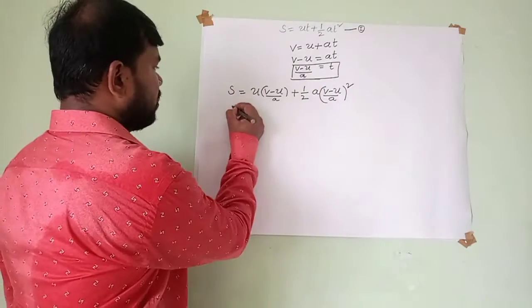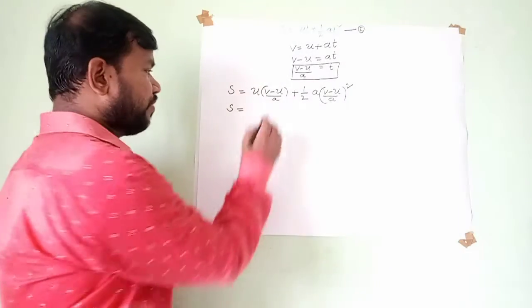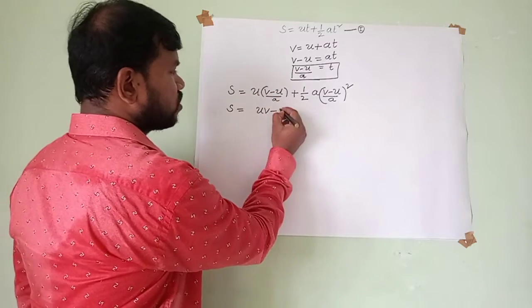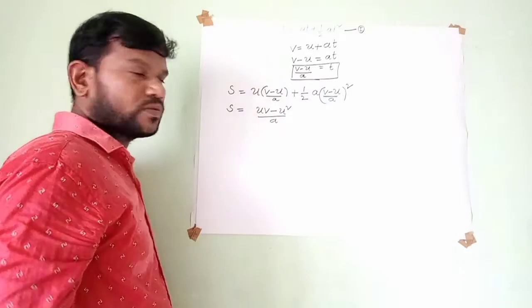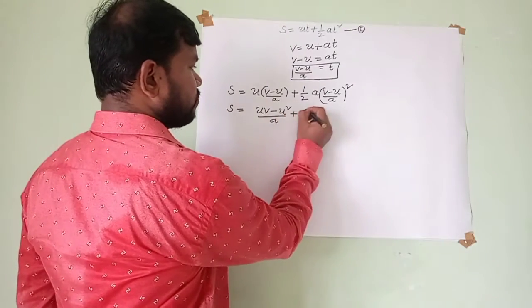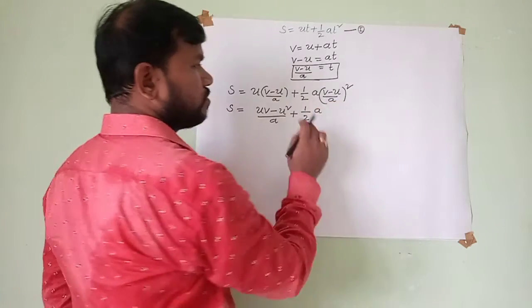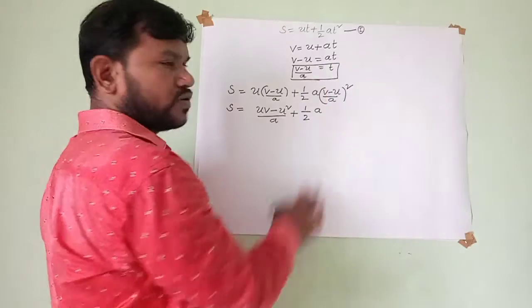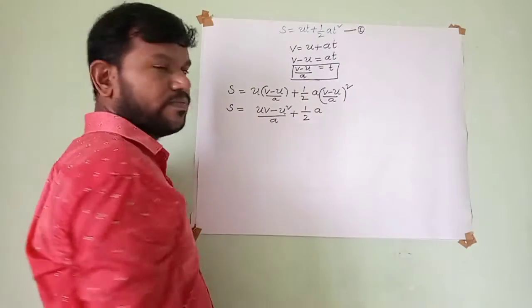Students, now S is equal to u into v, uv, minus u into u, u square, by a, plus half of a into a by b whole square. Using the formula a by b whole square, here instead of a we place v minus u, and in b place a is there.